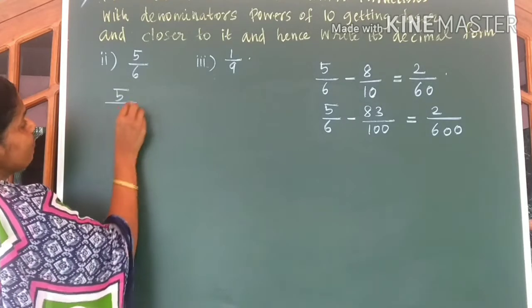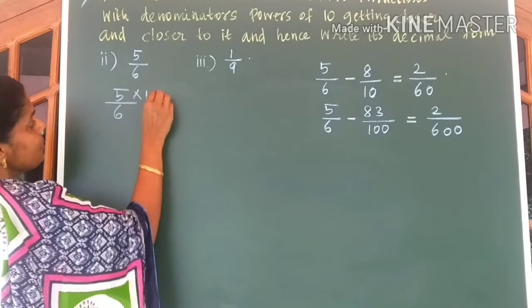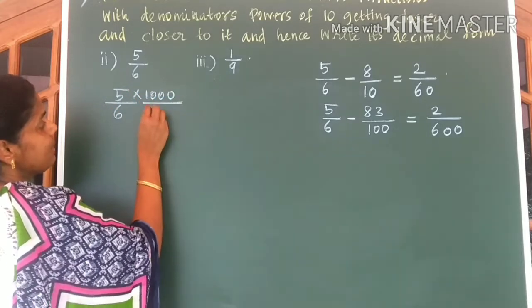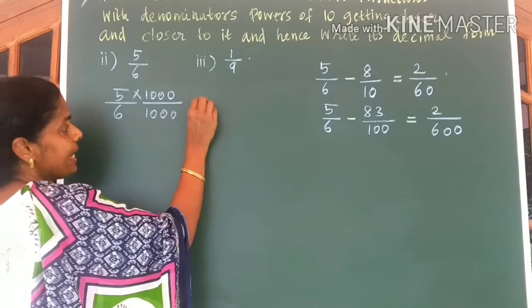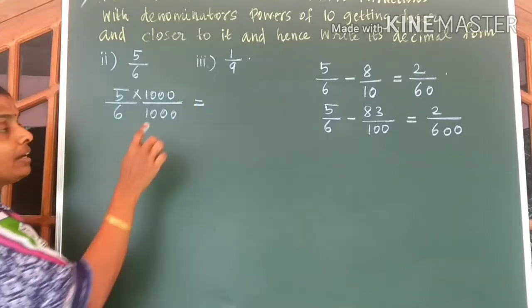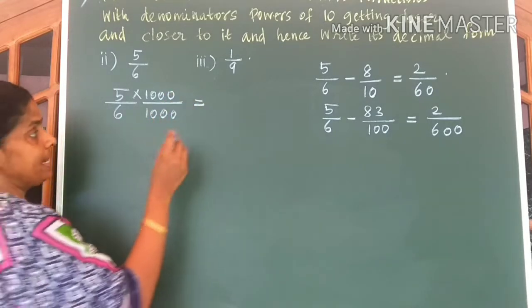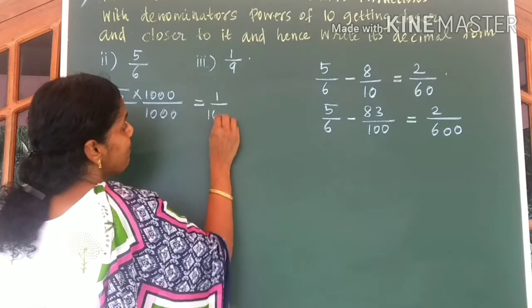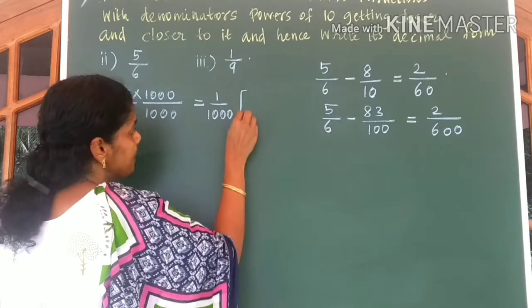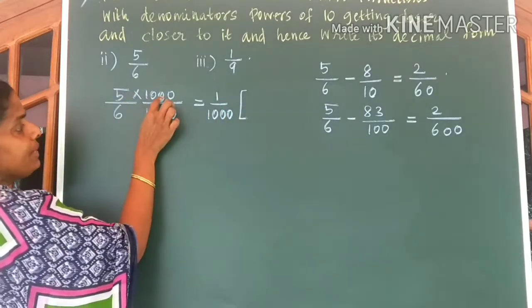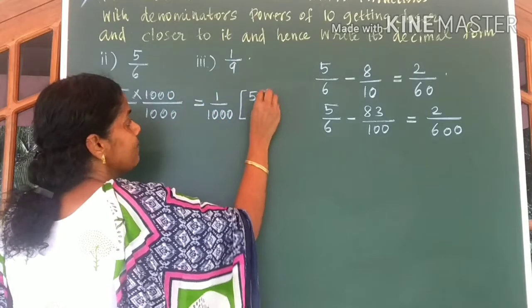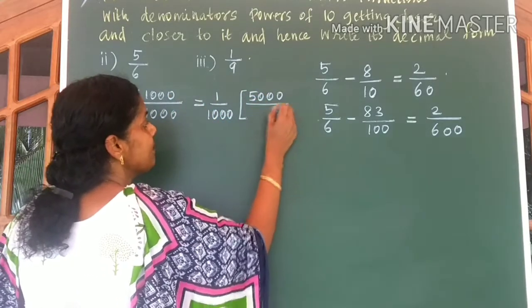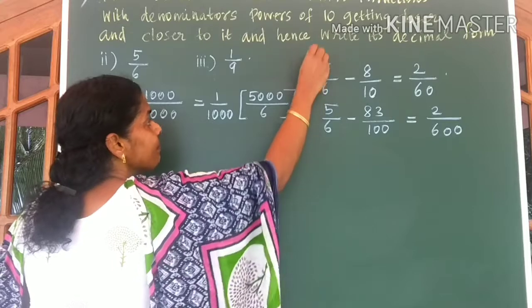Now let us multiply the numerator and denominator with 1000. So 5 by 6 into 1000 divided by 1000 is equal to, take 1 by 1000 outside. So you get 1 by 1000 within bracket 5 into 1000, 5000 divided by 6.